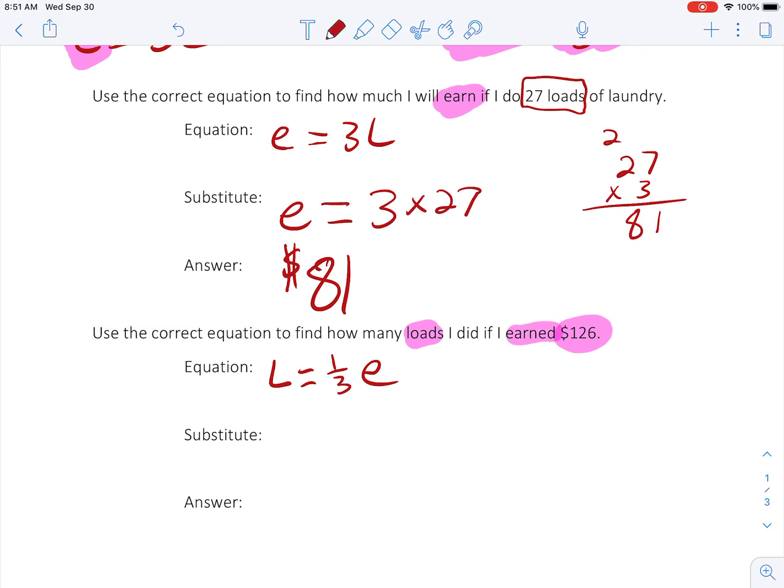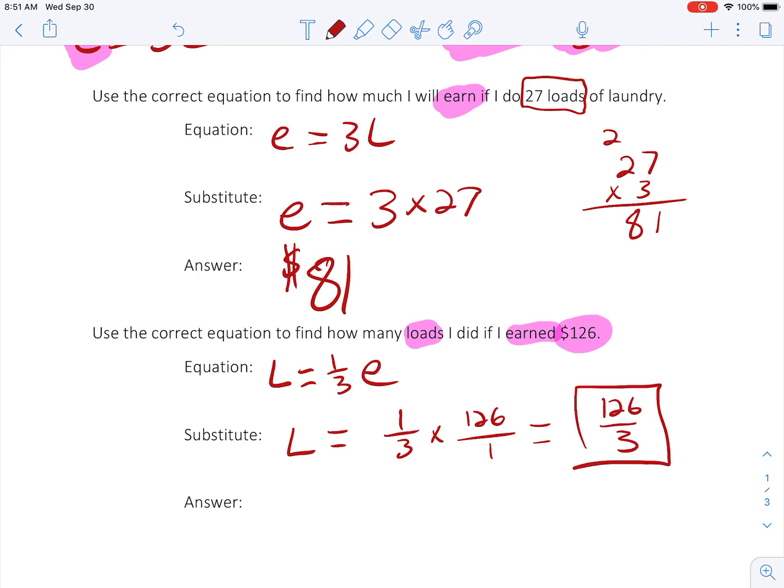So for our substitution, we're going to do L equals 1/3 times 126 over 1. We're going to multiply across. We get 126 over 3. We are not done. This right here turns into a division problem. So 126 divided by 3 is 42. And this would be 42 loads.